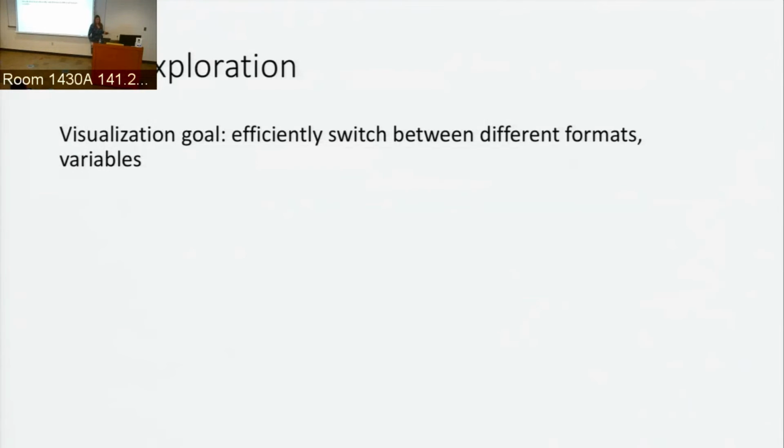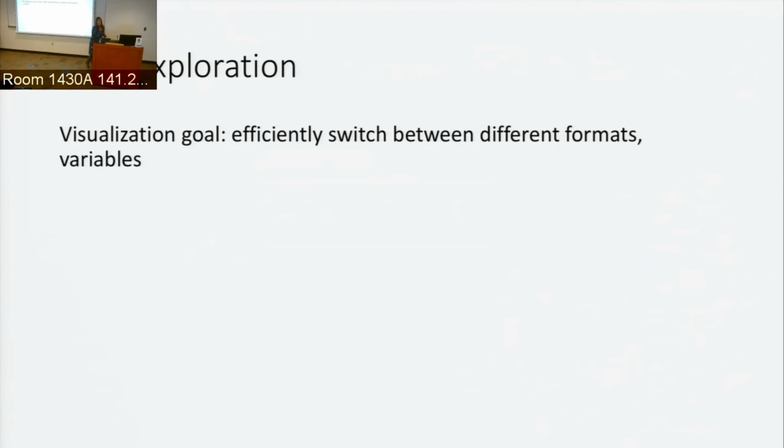Okay, so first we're going to look at some visualizations with this data set in a data exploration kind of mode. So the goal here is to efficiently and quickly switch between different formats of visualization, so bar charts versus scatter plots versus a map of the coordinates, and also plotting different types of variables like the ones we just went over in the previous slide.